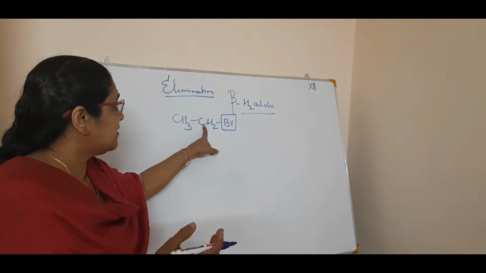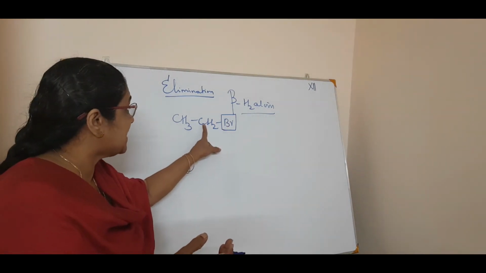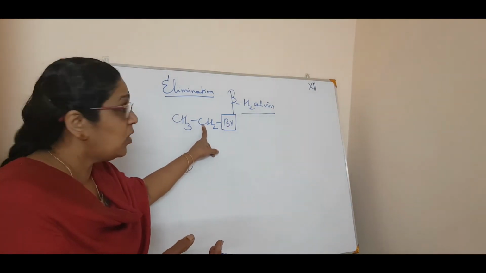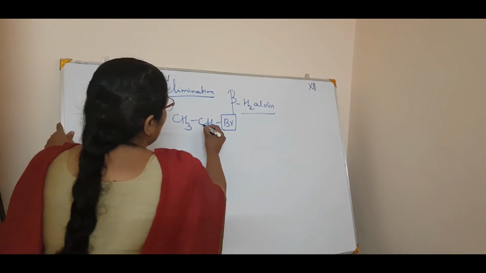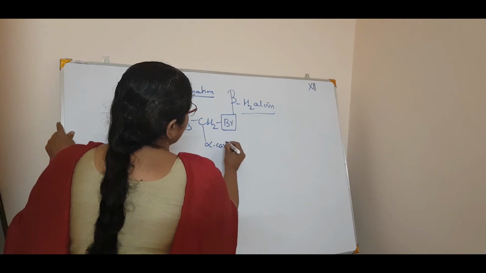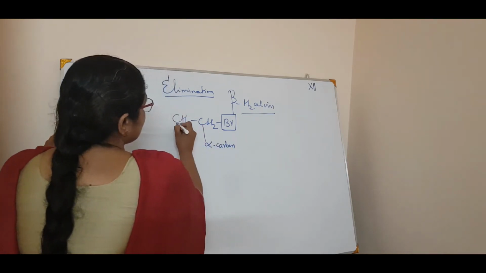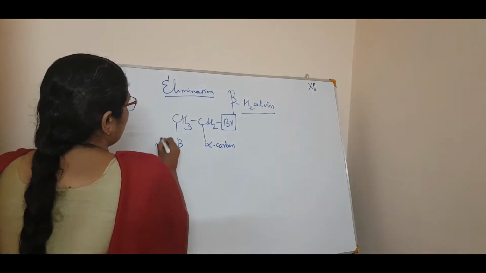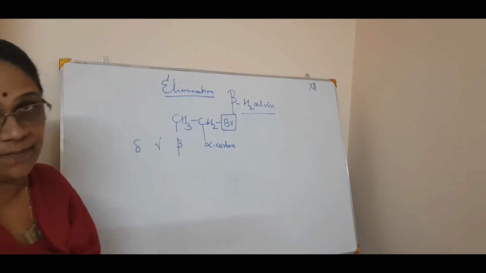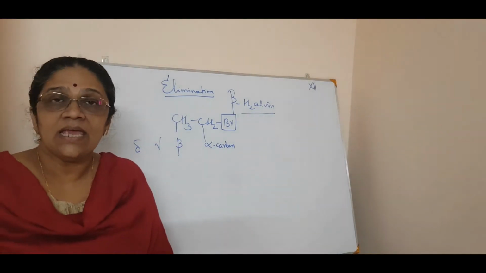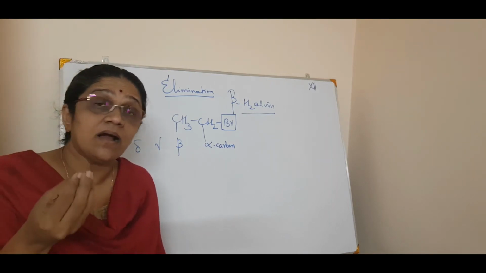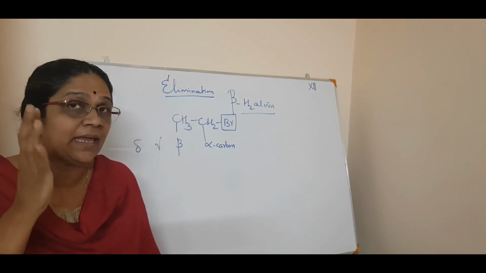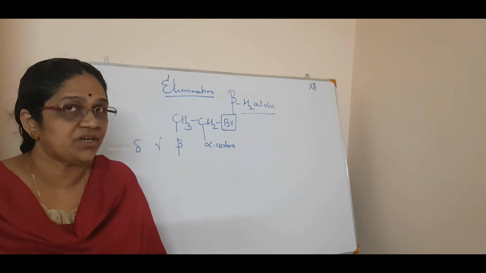Here, this is the carbon atom because the bromine atom is attached to the carbon atom. So, the carbon atom which is directly attached to the halogen atom is called the alpha carbon atom. Correct? Now what will be the beta? The second one is beta, the third one is gamma, delta, etc. So the condition is, the compound must contain a beta hydrogen atom. Then only elimination reaction happens.